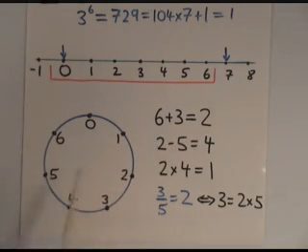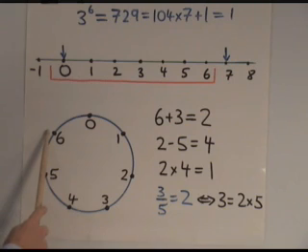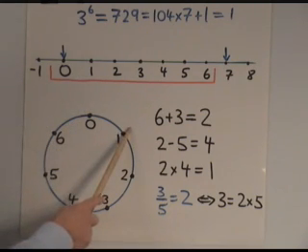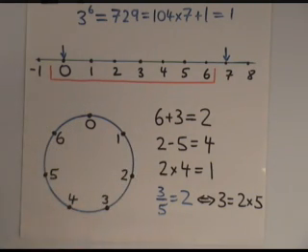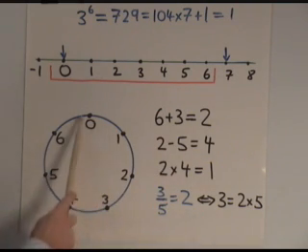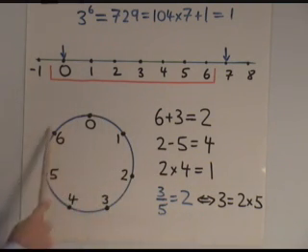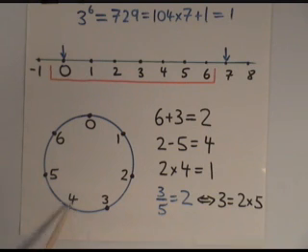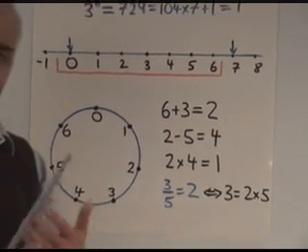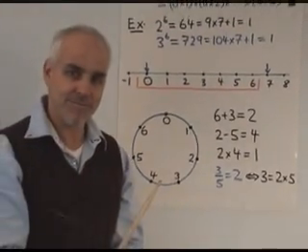Say 6 plus 3 equals 2. There's 6. Go 3 more. And you're at 2. 2 minus 5 equals 4. 2 minus 5: 1, 2, 3, 4, 5. You're at 4. And so on. So that's another way of visualizing geometrically what F7 looks like.